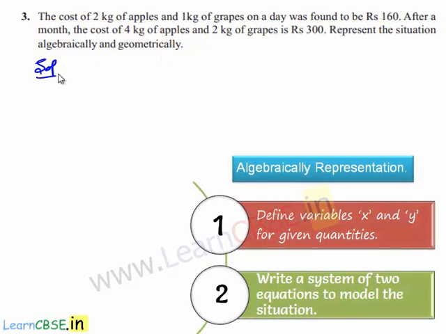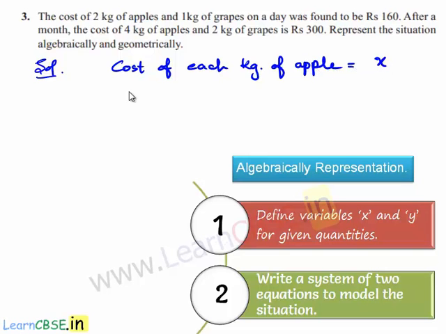So let us assume the cost of each kg of apples is x rupees and the cost of each kg of grapes is y rupees.